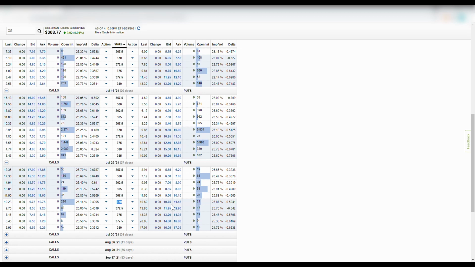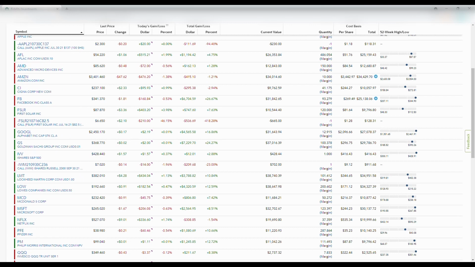This gain would counter the loss of the underlying security of 100 shares of Goldman Sachs, which is $100 for every dollar Goldman Sachs dropped below $359. Essentially, for $1,100, the put option that I bought protects any further loss that would occur if Goldman Sachs dips below $359 by expiration.